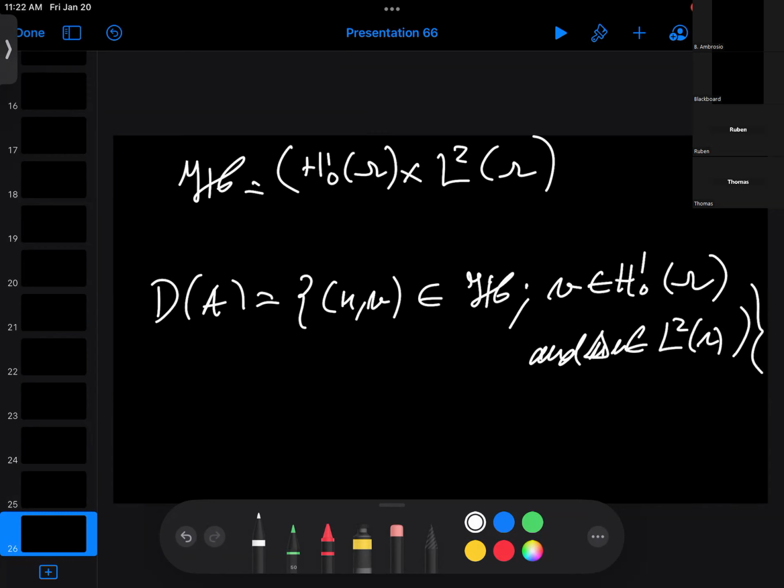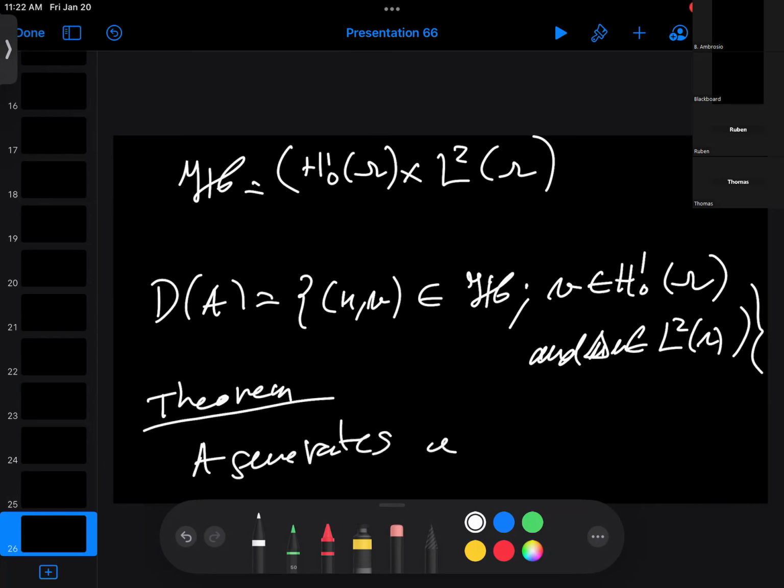Then theorem: A generates a C0 semigroup.